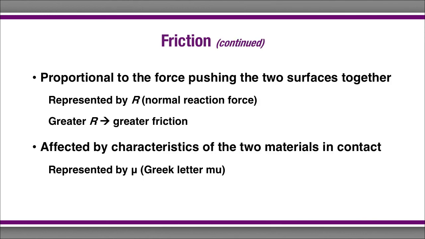Friction is proportional to the force pushing the two surfaces together. This is mathematically represented by the symbol R, and a greater R is therefore going to equal a greater friction.